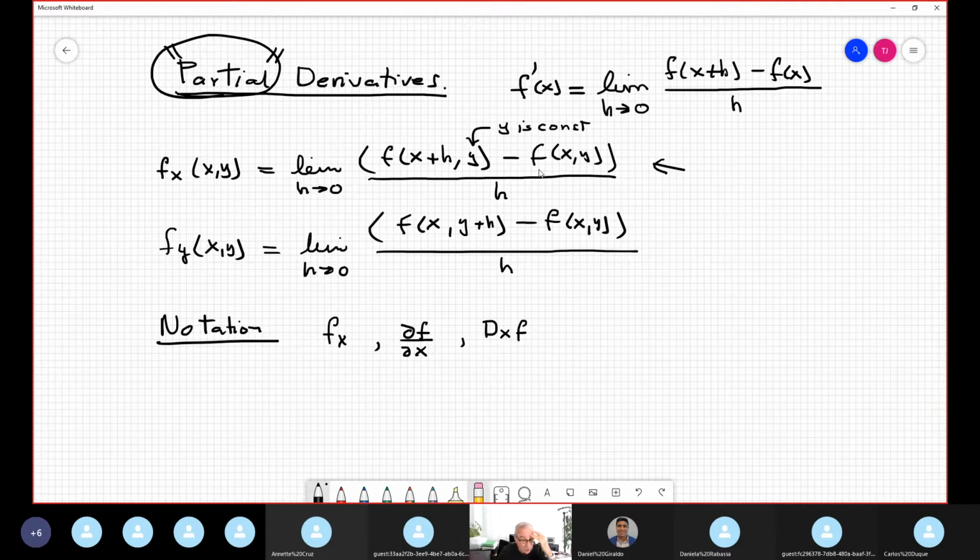In my opinion, the most popular is this, and the second in popularity is this. This one is used seldom. It's the same idea: compute somehow the rate of change of one function in one specific direction.